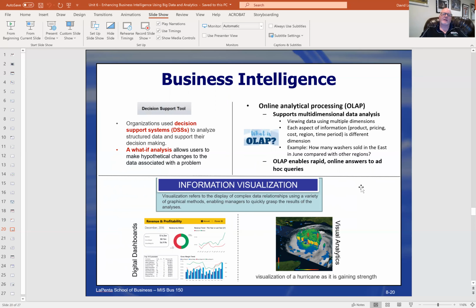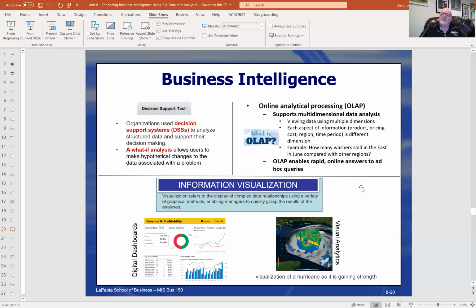What if the stock market falls down, which has been happening the last few days? So classic what-if, and it helps people at different levels of the organization make better decisions.